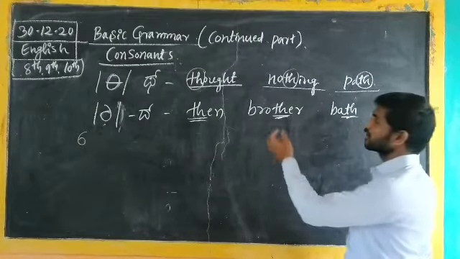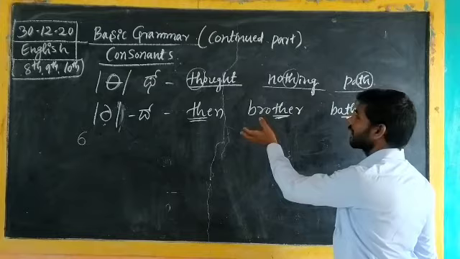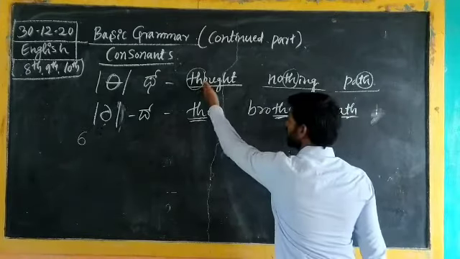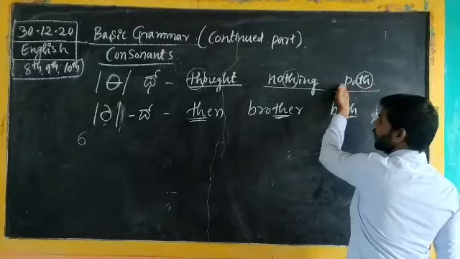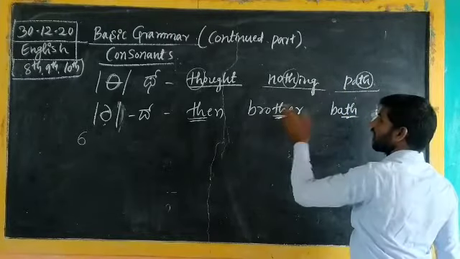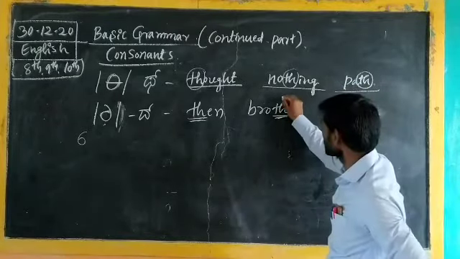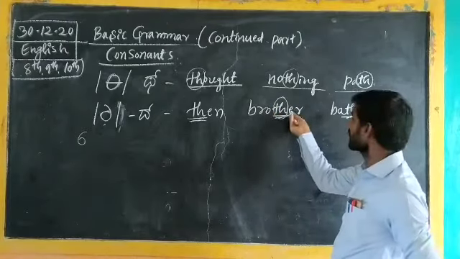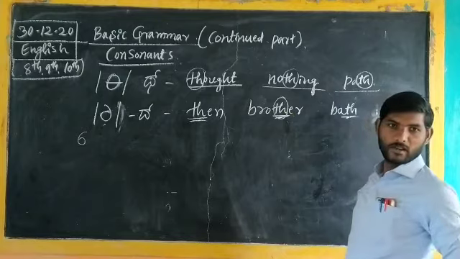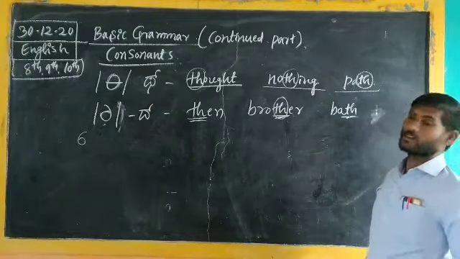After the th, every time we have to observe only vowels. Only vowels. We have to observe the vowels before and after. Here th after a vowel is there, th before a vowel is there. At the moment that is confusing. Why?